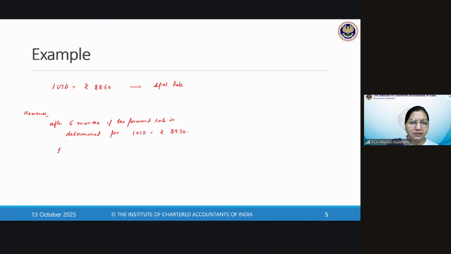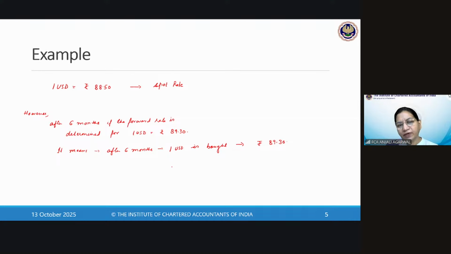It means after 6 months, if someone wants to buy 1 USD, how much rupee does it have to give? It has to give rupees 89.30.